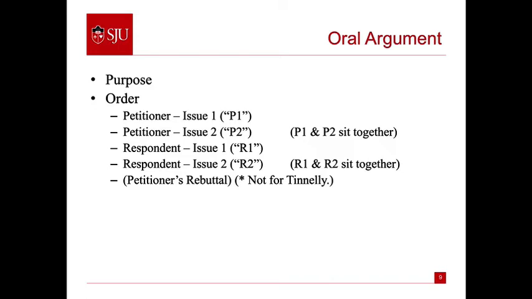Then the co-counsel, petitioner, the other student who will be arguing issue number 2, goes next. So the 2 petitioners go first. We call these P1 and P2. They are co-counsel, so they will sit together at one counsel table. And then the respondent goes, while the petitioner remains sitting. Then respondent 1 will advance to the podium, deliver their argument, and then R2 will deliver their argument.